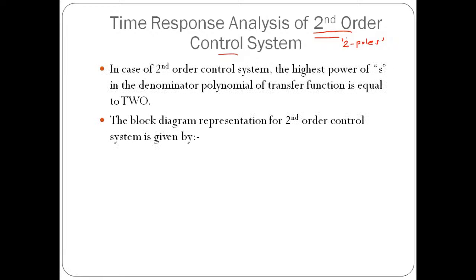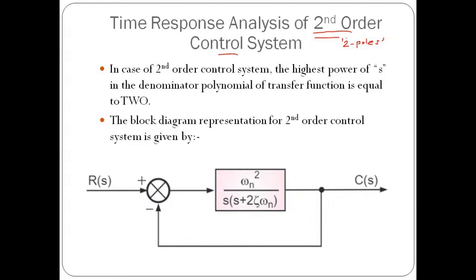Now, let us try to find the time response analysis for second order control system. Here, this second order control system means this particular system has two poles. That's why the order of the system is second. Now, let us take the general block diagram representation for second order control system. This indicates the general block diagram representation for a negative feedback second order control system.